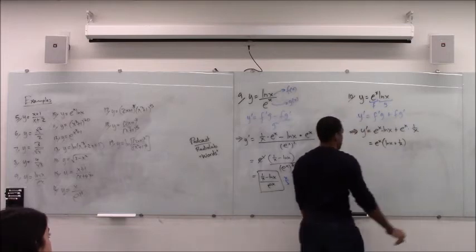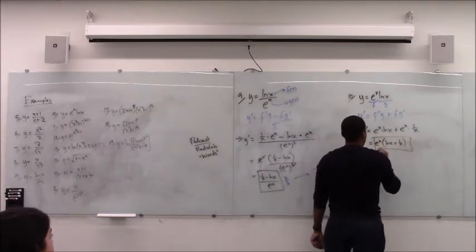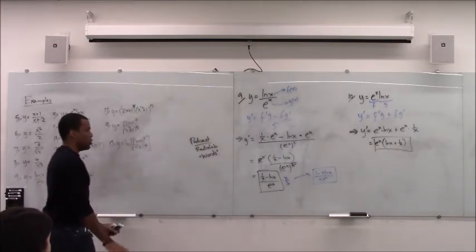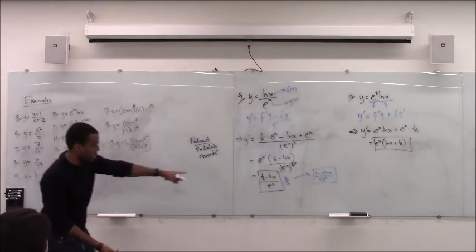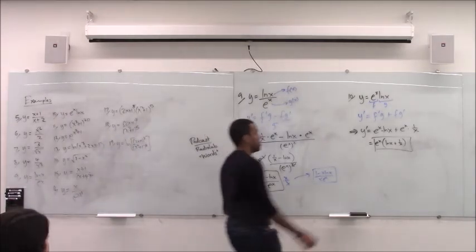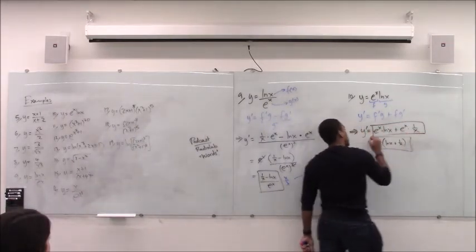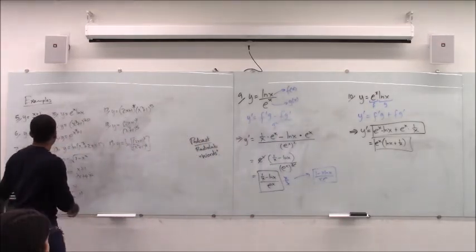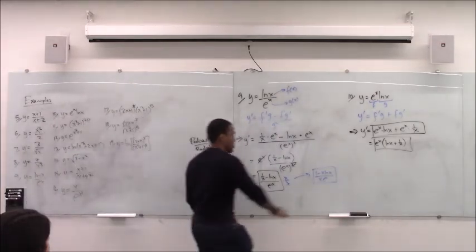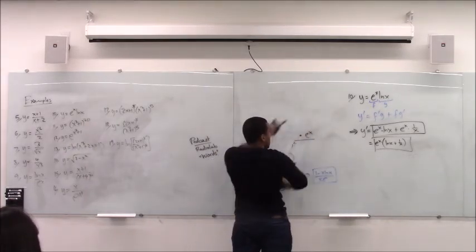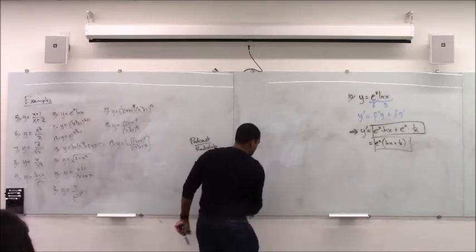Usually, you really care about factoring stuff out if you want to cancel stuff. Otherwise, it's not really necessary. Either one of these is fine. So 10, product rule, because it's a product of functions, neither of them constant.